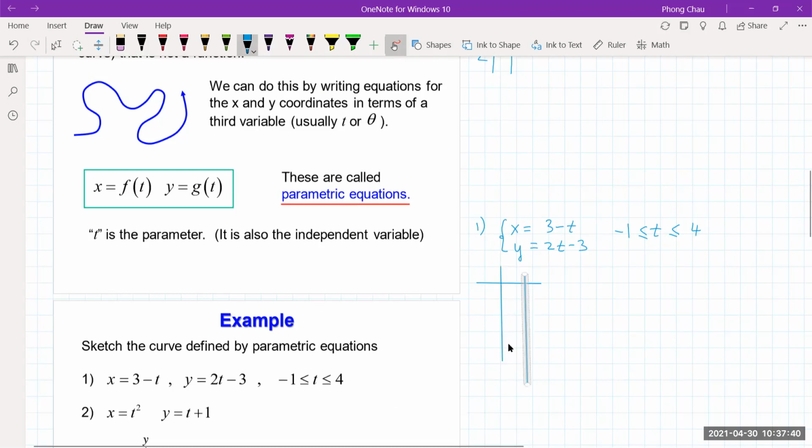Now, what we're going to do is plug in some values for t. So this column is t, that one is x, and that is the y. Normally t could be anything, but here you restrict from -1 to 4. So naturally, you're going to choose -1, 0, 1, 2, 3, 4.